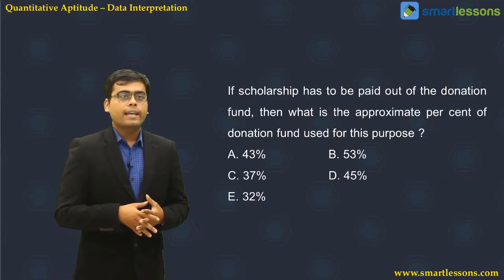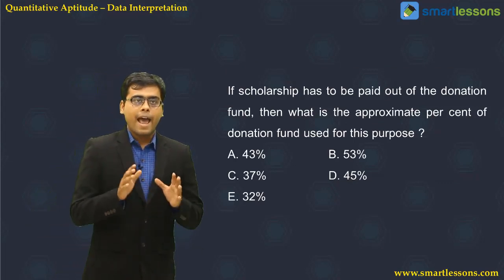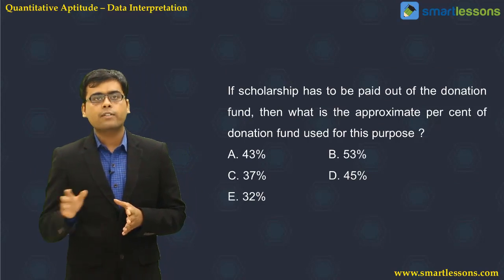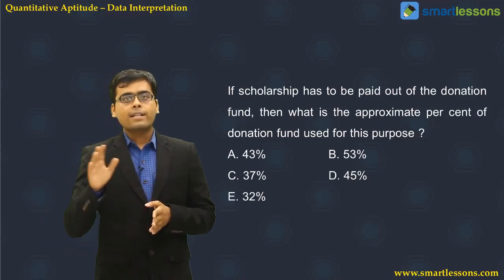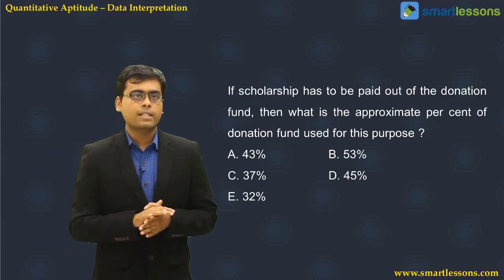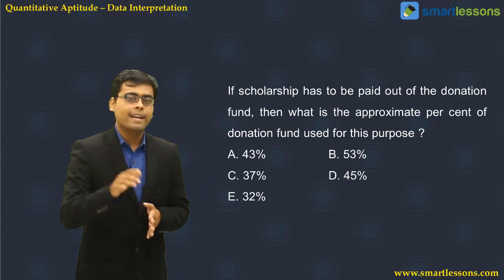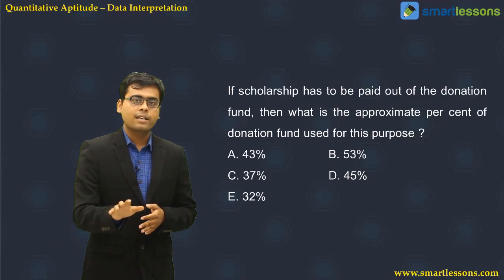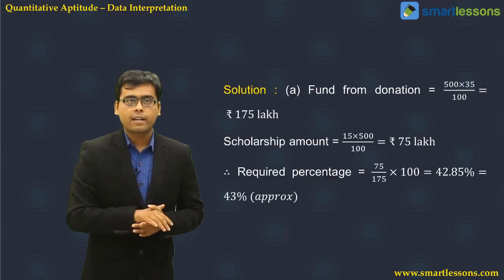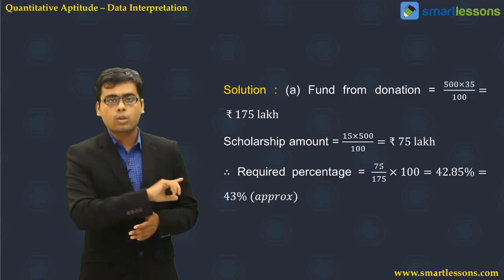Next, if scholarship has to be paid out of the donation fund, then what is the approximate percent of donation fund used for this purpose? Right, so again, let us find out the fund coming through donation. That is 35% of the total fund.